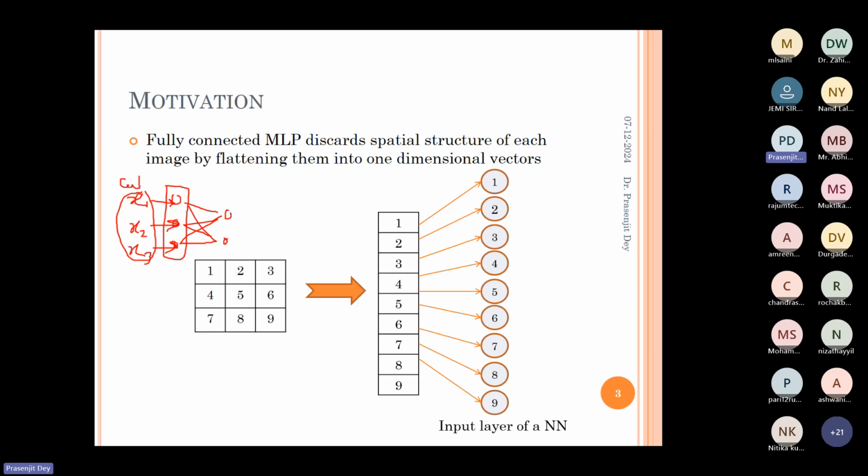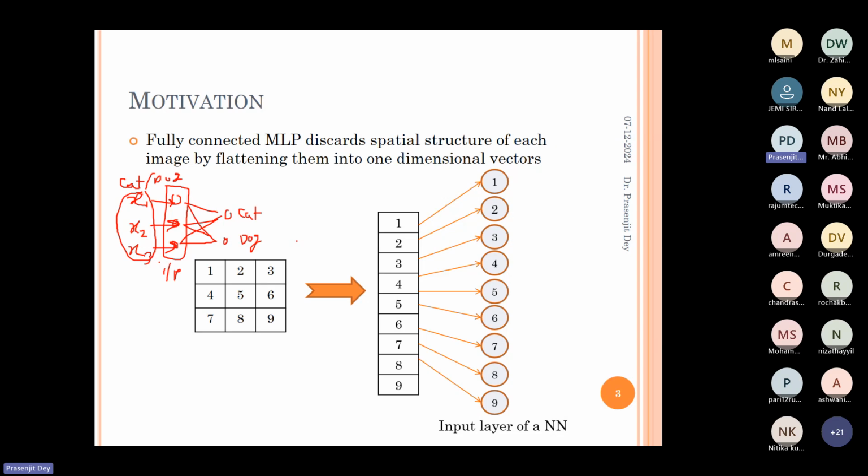Suppose these are the three features we are using to distinguish an animal between dog and cat. Obviously these three input features will be fed into the input layer, and after further processing we will decide whether it is a cat or a dog. So it is a simple task. That is the job of image classification.